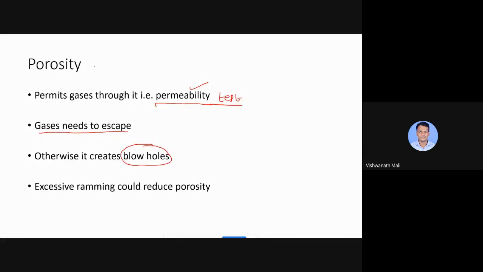How will porosity get decreased? If you have seen, while preparing this mold, we pour the molding sand, and then we go for ramming. If you go for excessive ramming, the sand particles get closely packed, and once closely packed, there will be no space for the gases to escape.